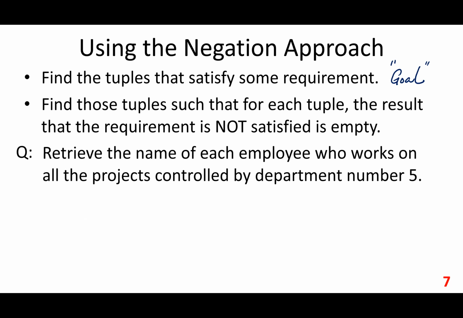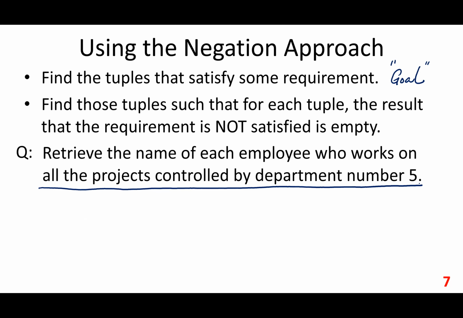All right. So yeah, look at the same question again. Retrieve the name of each employee who works on all projects controlled by Department 5. Yeah. Our requirement, we want to find tuples that satisfy this requirement. Okay, yeah.